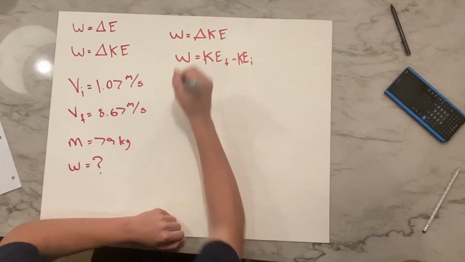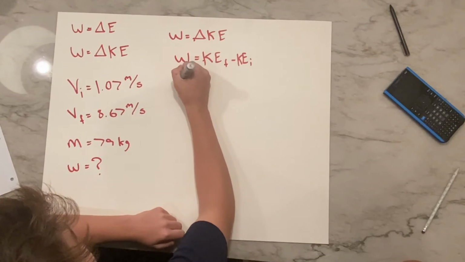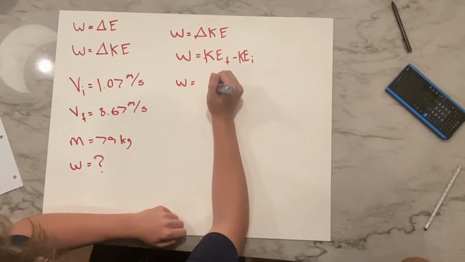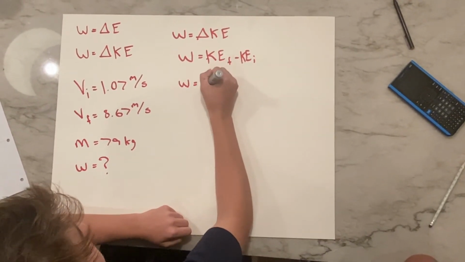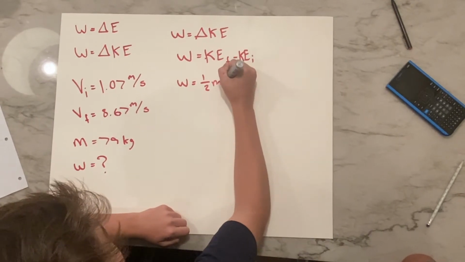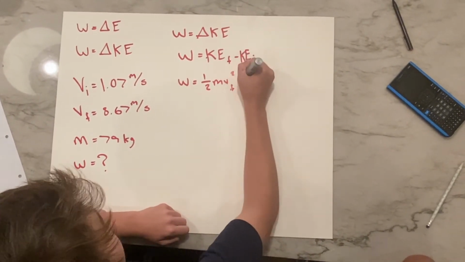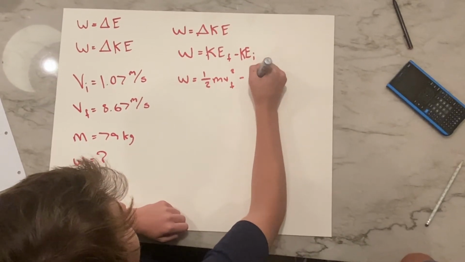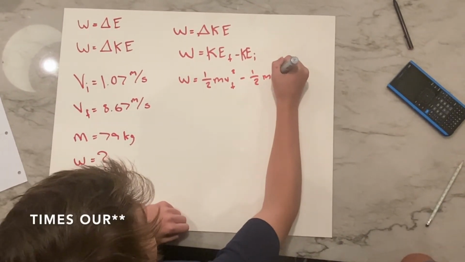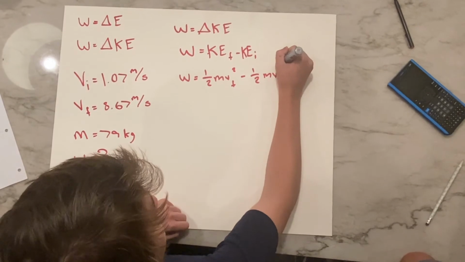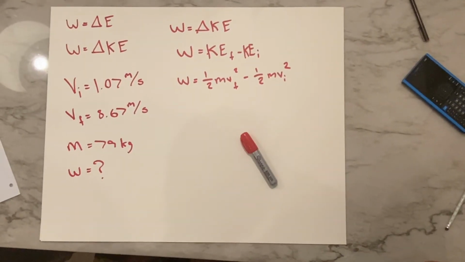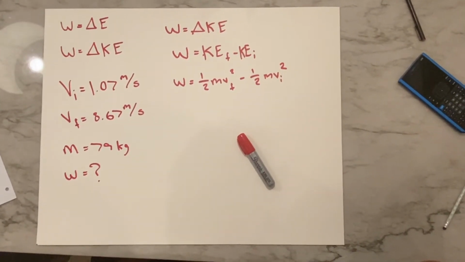Now, we rewrite this as work equals 1/2 mass times final velocity squared minus 1/2 mass times initial velocity squared. For reference, kinetic energy is equal to 1/2 mv squared.